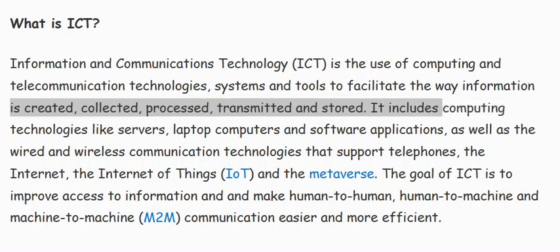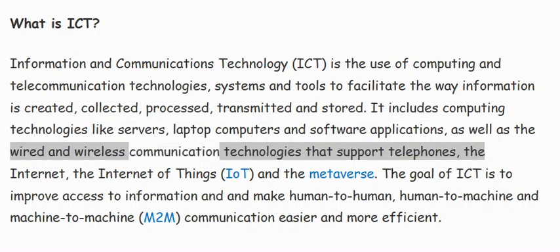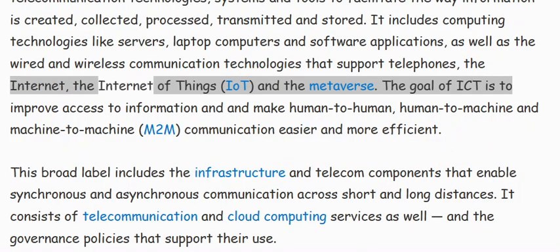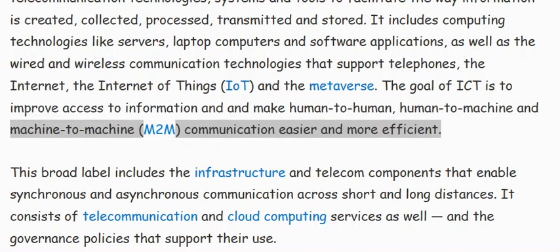It includes computing technologies like servers, laptop computers and software applications, as well as the wired and wireless communication technologies that support telephones, the Internet of Things, IoT, and the metaverse. The goal of ICT is to improve access to information and make human-to-human, human-to-machine and machine-to-machine, M2M, communication easier and more efficient.